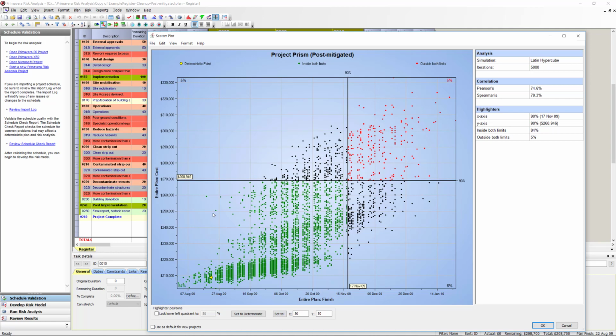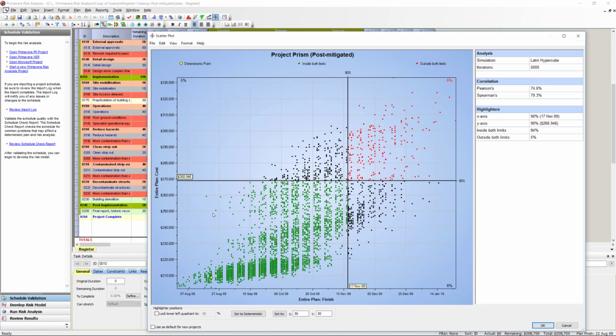Let me do the math here. So we are talking about 50,000 on 210,000. So that's already a cost overrun of 24%.